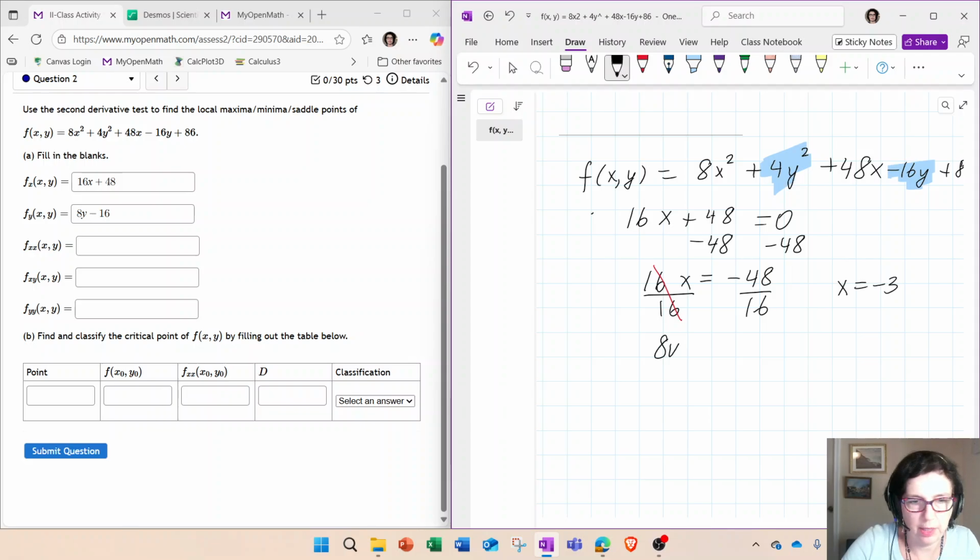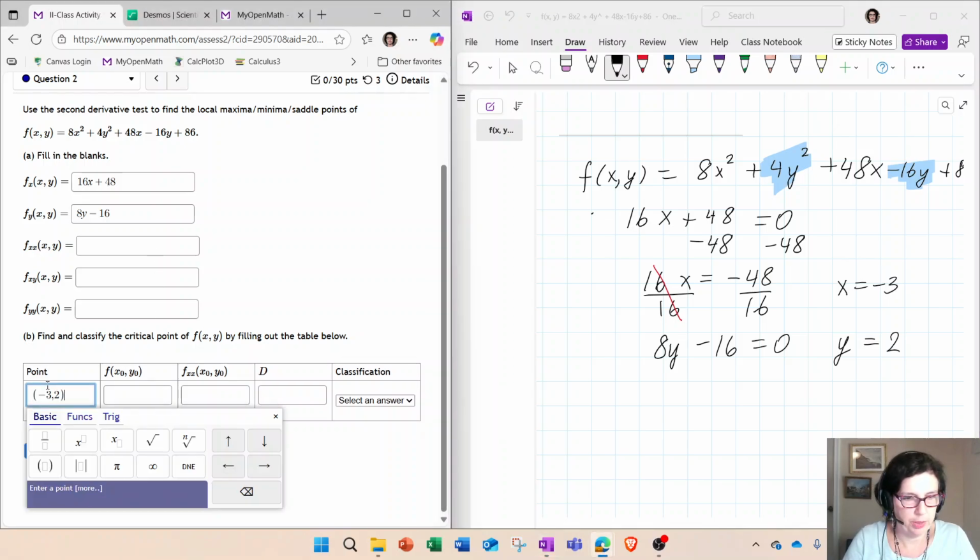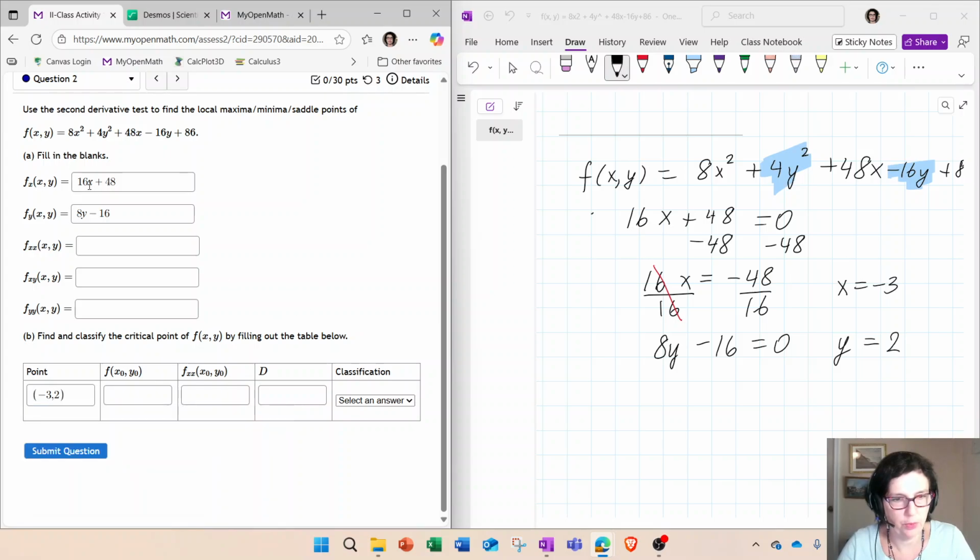Now, from the second equation, when we set that one equal to 0, you can probably guess that the answer is 2. Now, what you should do next is take these values, negative 3 and 2, and plug them back into fx and fy and make sure they're zeros. But because this is such a simple case, you can easily see that when you substitute those values, you are going to get 0 for both fx and fy.